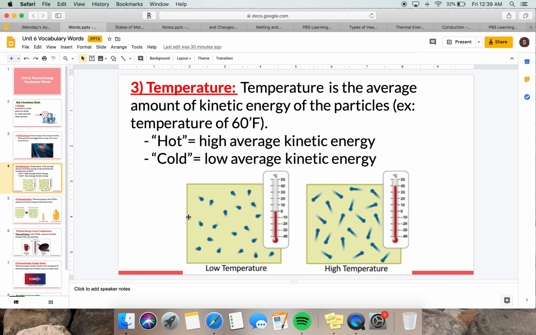So what that means is imagine all of these particles over here. These particles are not moving that fast. They're moving relatively slowly. So on average, the particles here have a low temperature because temperature measures their average kinetic energy, how fast they are moving.